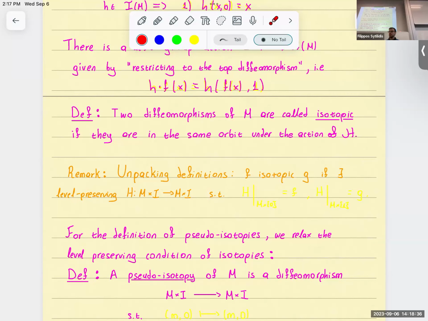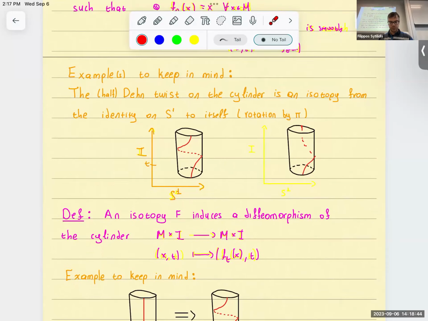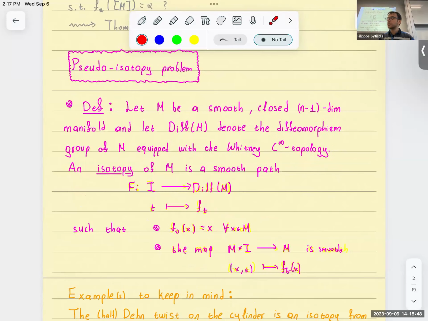Can you scroll up a bit? I want to say something. Yeah, the definition of isotopy.